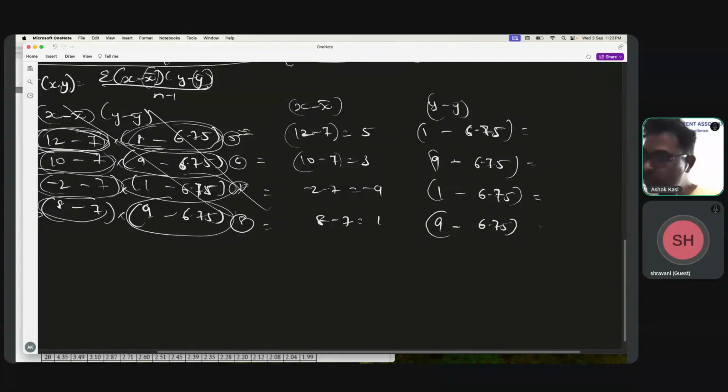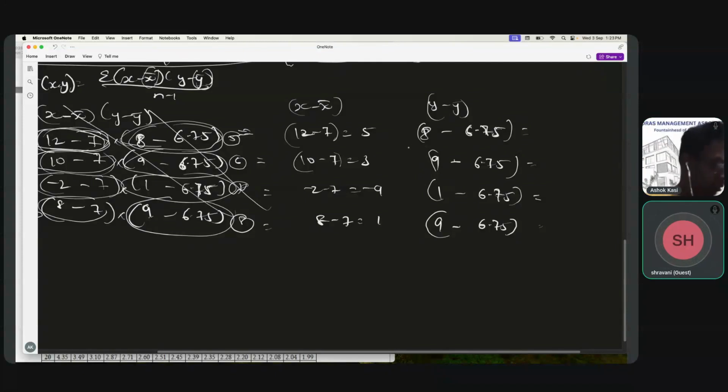Is it 8? Acha, this is 8. Okay. Sorry. Yeah. So you are calculating now, right? Just calculate and tell me the number.